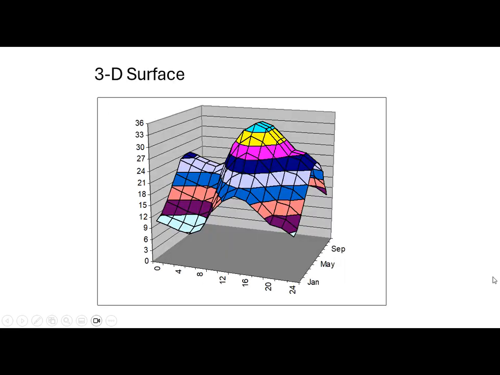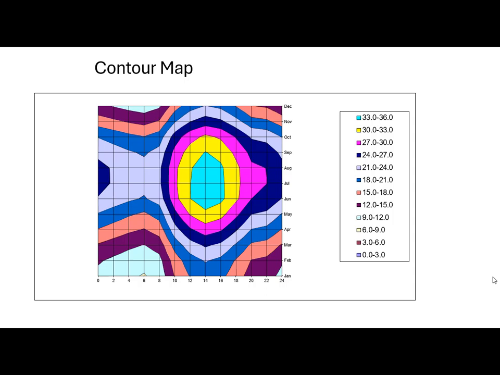We can get this 3D surface, very beautiful, and we can convert this 3D graph from the same type of graph into a contour map with a legend that shows us the increments of the contours, and you can see that the highest temperature happens at 2 o'clock in the afternoon in the month of July.